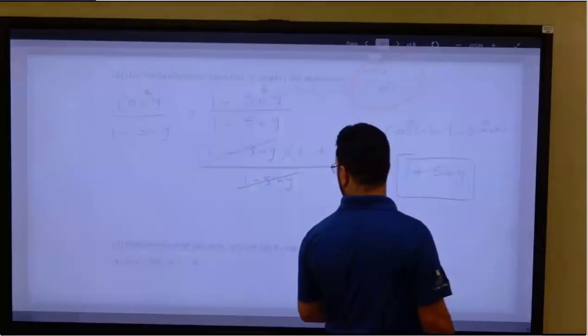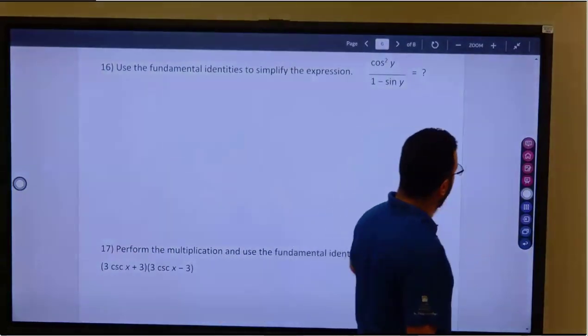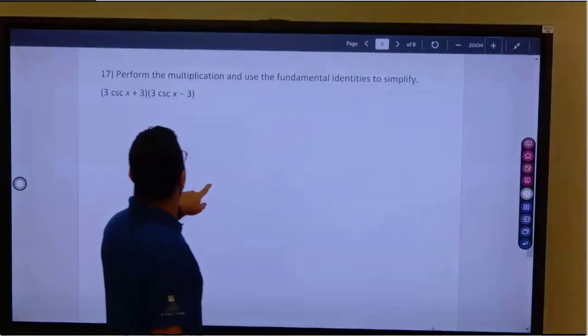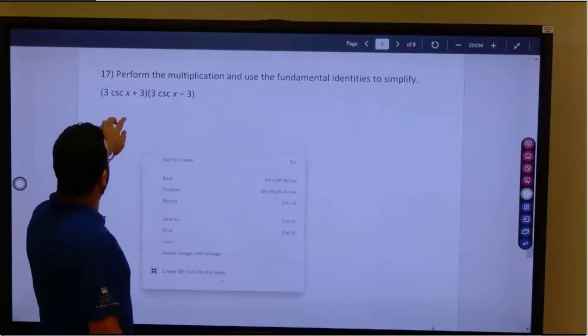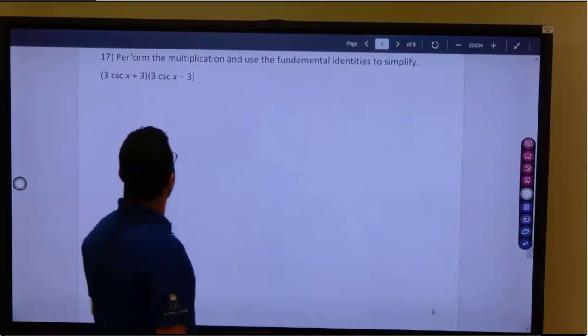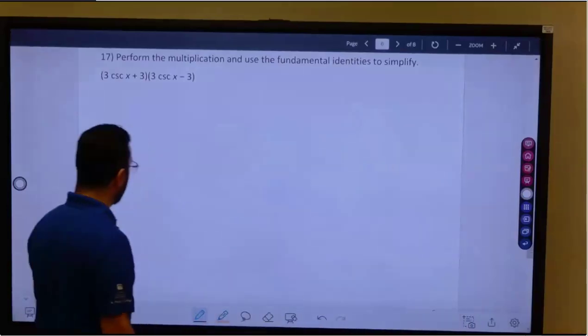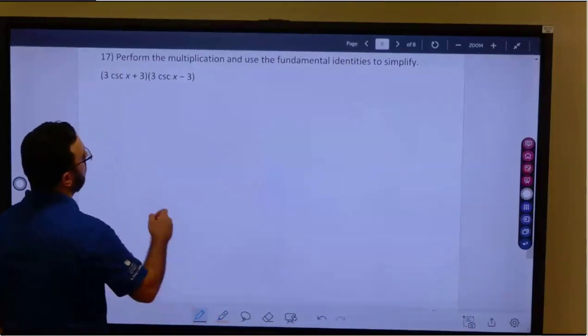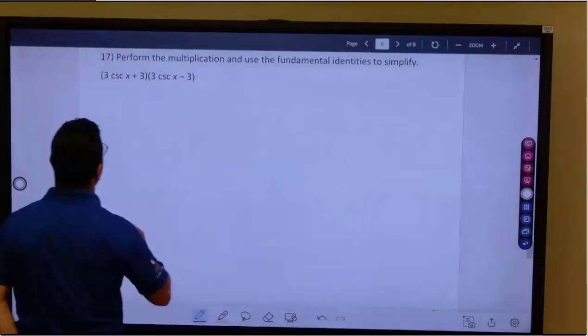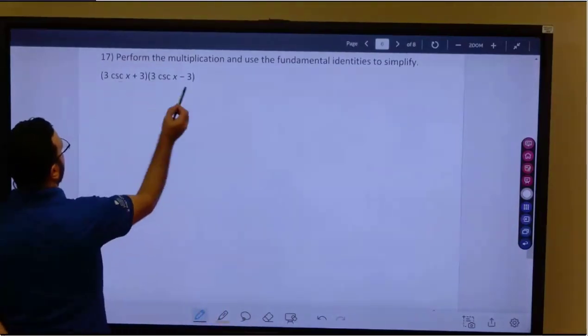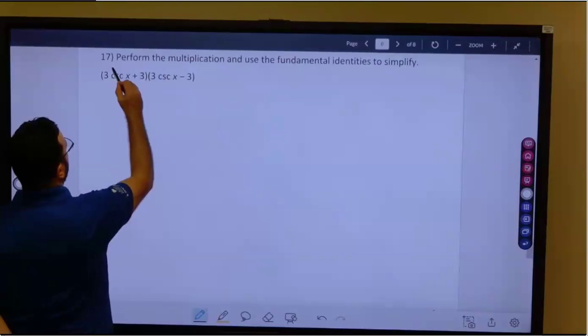Number 17. Let's check how we can solve this problem. Perform the multiplication. So we only do multiplication and use fundamental identities. I have two binomials, so I'm going to FOIL it.